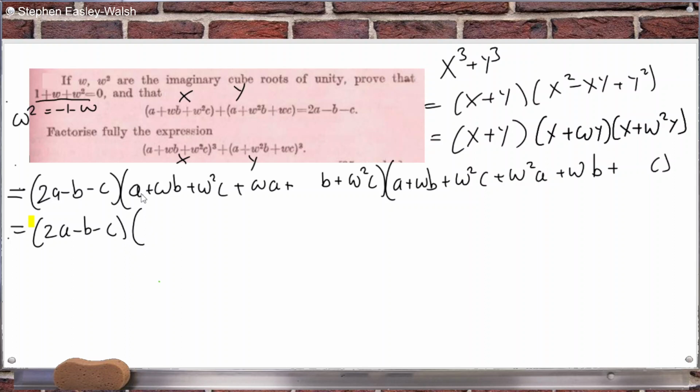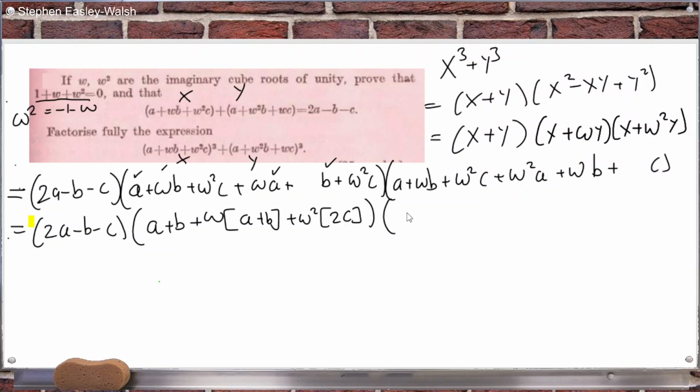So how many non-omegas are there? A plus b. Okay, great. A plus b. How many omegas are there? A plus b. And then how many omega squareds are there? C plus c.